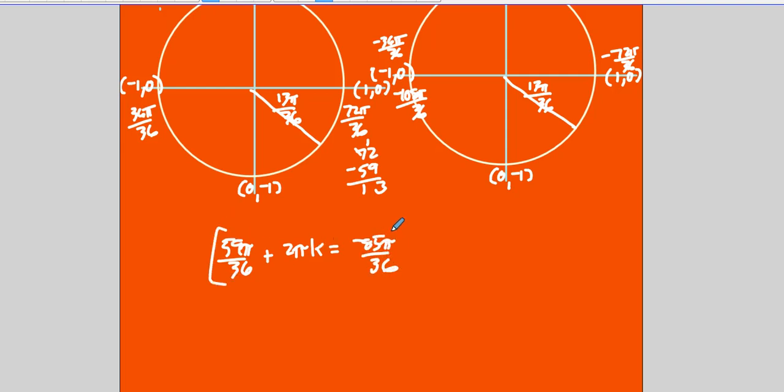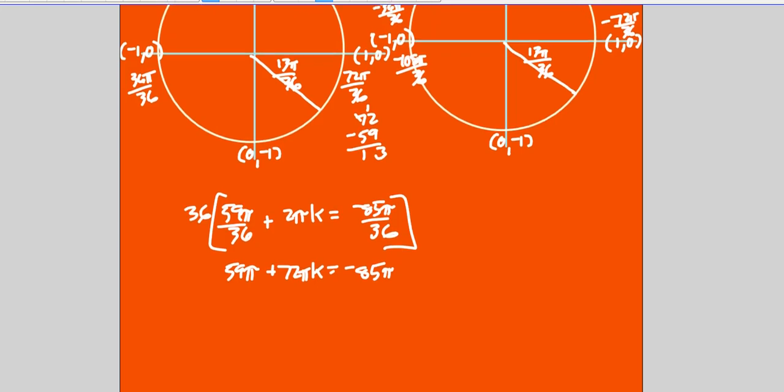I'm going to multiply through by 36 to clear the fractions. So that's going to be 59 pi, because the 36's will cancel out. This is 36 times 2 times pi times k, which is 72 pi k. And this is going to be negative 85 pi.